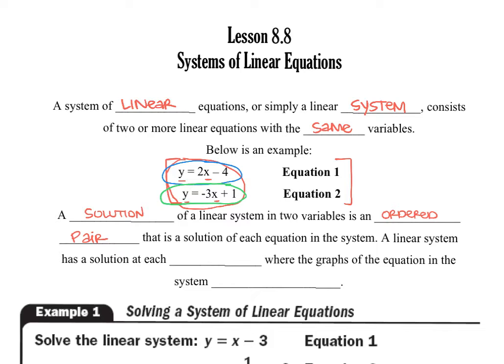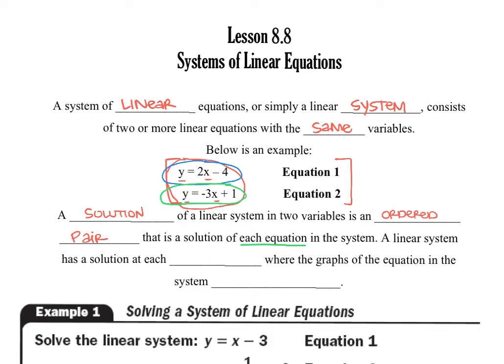When we're talking about a linear system, we are looking for the ordered pair that is a solution to each equation. So they each have an infinite amount. We want to know which ordered pair is a solution to both of them.